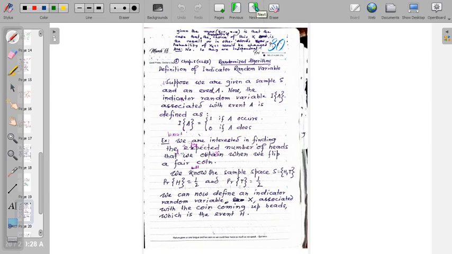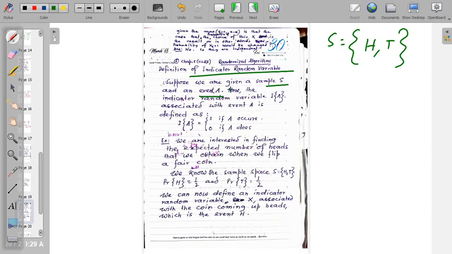Now let us define this indicator random variable. Suppose we are given a sample space, just like the coin flip experiment: one coin flip, it is H and T, or two coin flips, it is HH, HT, TH, TT, whatever. So we are given a sample space and an event A. We are looking for event A occurring or not.